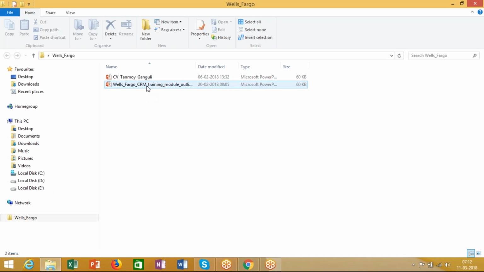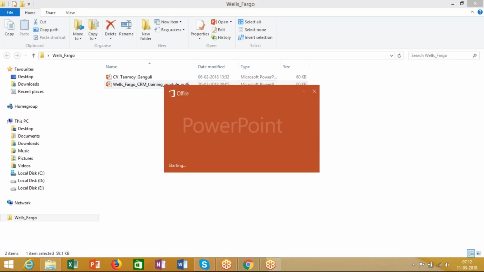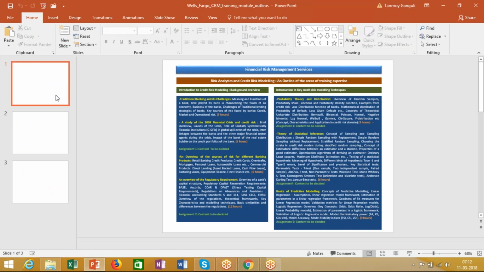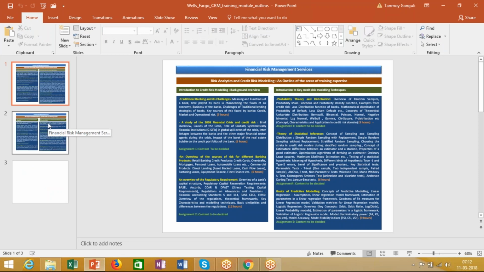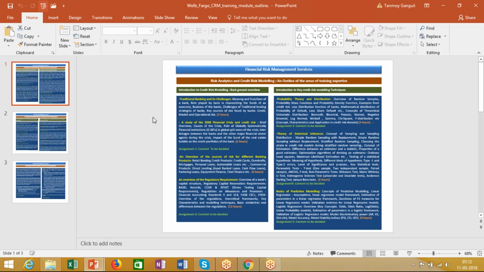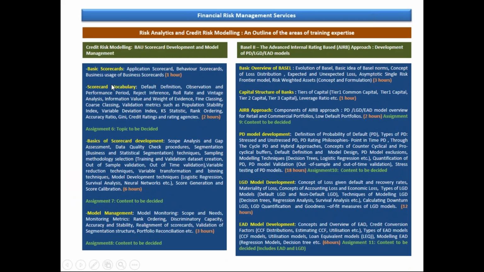It's a similar kind of CRM session, and the syllabus more or less remains the same. It is just that the framework has changed a little bit. Yeah, just a minute.